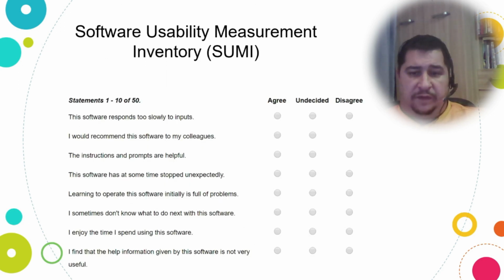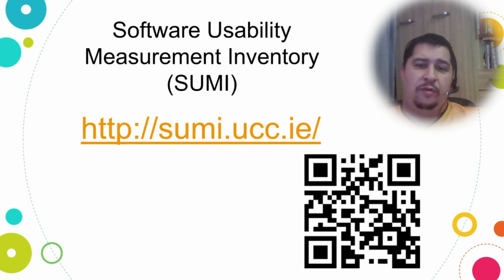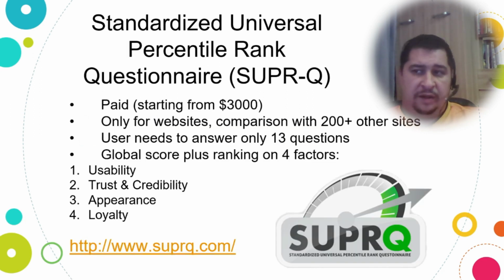You answer 50 questions like this, and you get a score in 6 different scales for efficiency, effect, helpfulness, control, learnability, and global usability. You can check for more information the link that is shown on your screen.